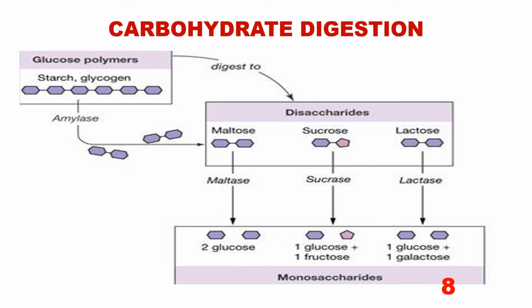That means two monosaccharide sugars join together to form one disaccharide sugar. Lactose also reacts with lactase, an enzyme that will break it into glucose and galactose. So that is how carbohydrate digestion works.